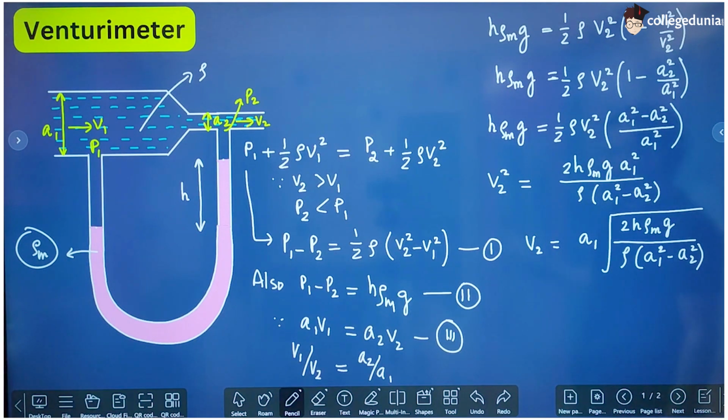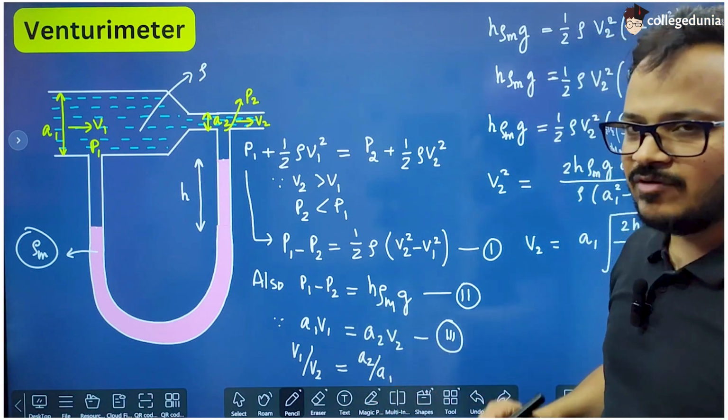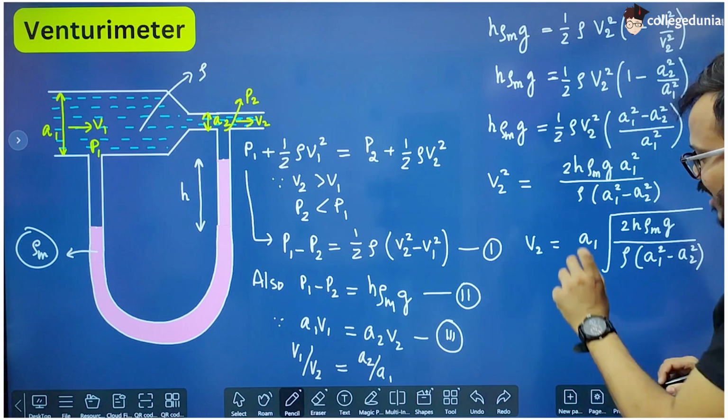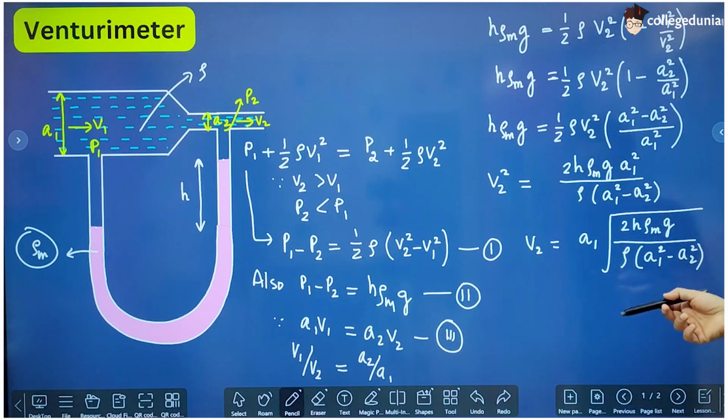Okay, but what are we finding? We are finding the rate of flow. So what is the rate of flow? Rate of flow is either A1 V1 or A2 V2. Since now we know the value of V2 in terms of all the known constants, we know the area of cross section, the difference in heights, the densities of both these fluids, and the acceleration due to gravity, we can find V2 using this formula.